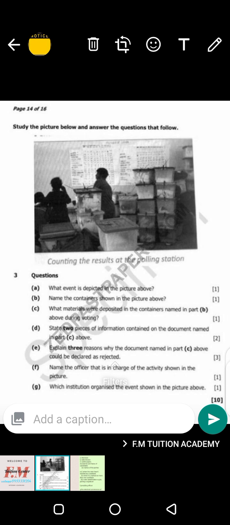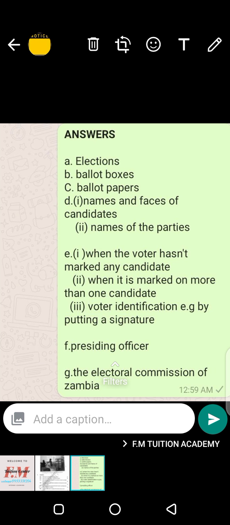The answer for part D, I've written it for you. It is the names and the faces of the candidates, and also the names of the parties. Before you throw it in the ballot box, when you look at the ballot paper, you are going to find the names and the faces of the candidates.